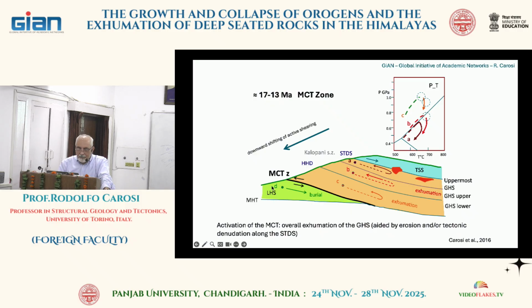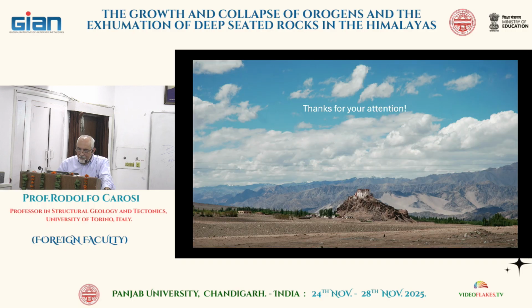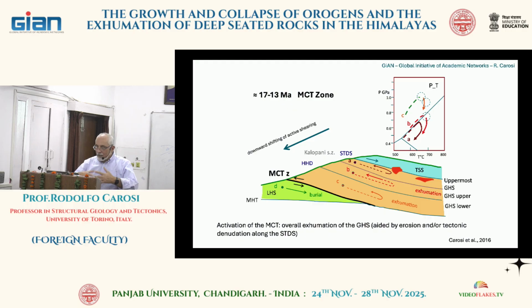Lesser Himalayan rocks became involved in the belt, underwent increase in pressure and temperature, and then they were exhumed by the main boundary thrust or Berinag thrust, some other thrust in a lower position with respect to the main central thrust. The problem is that after this, there are not many more metamorphic minerals to detect the PT condition. But anyway, this could be a more complete view to explain the in-sequence shearing.